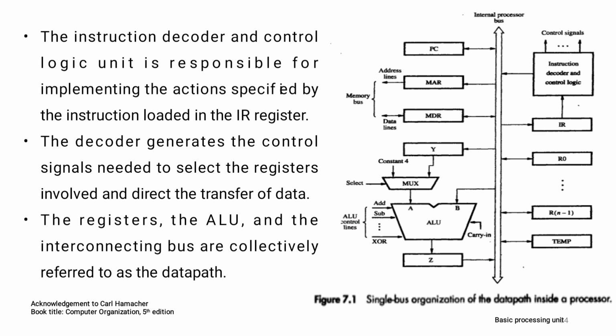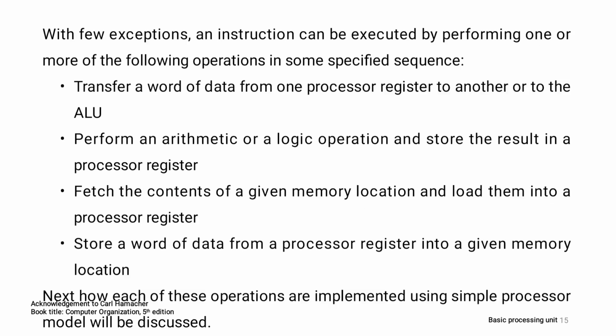To execute the instructions, which operations are needed in different sequences, that we shall see next. With few exceptions, an instruction can be executed by performing one or more of the following operations in some specified sequence. The operations needed to execute an instruction are as follows, and they can be utilized in some specified sequence.